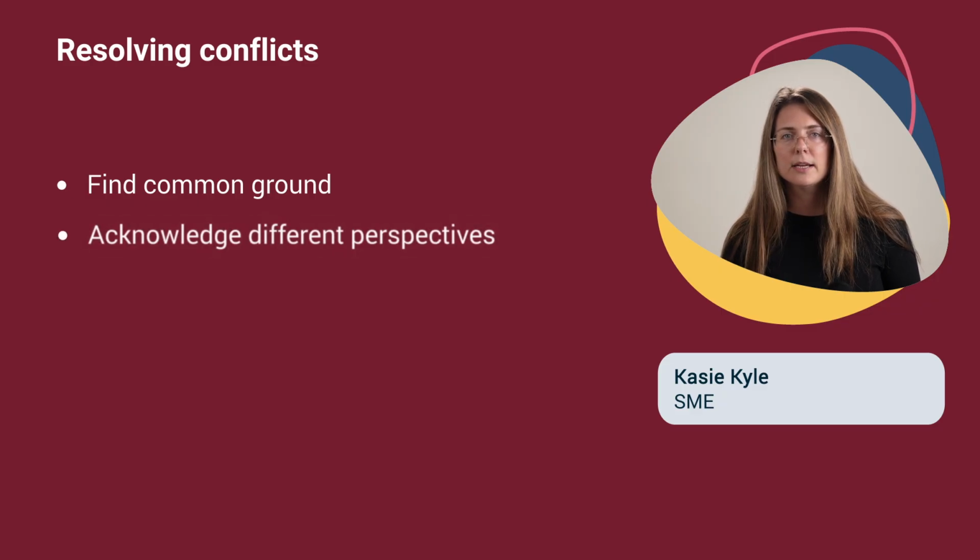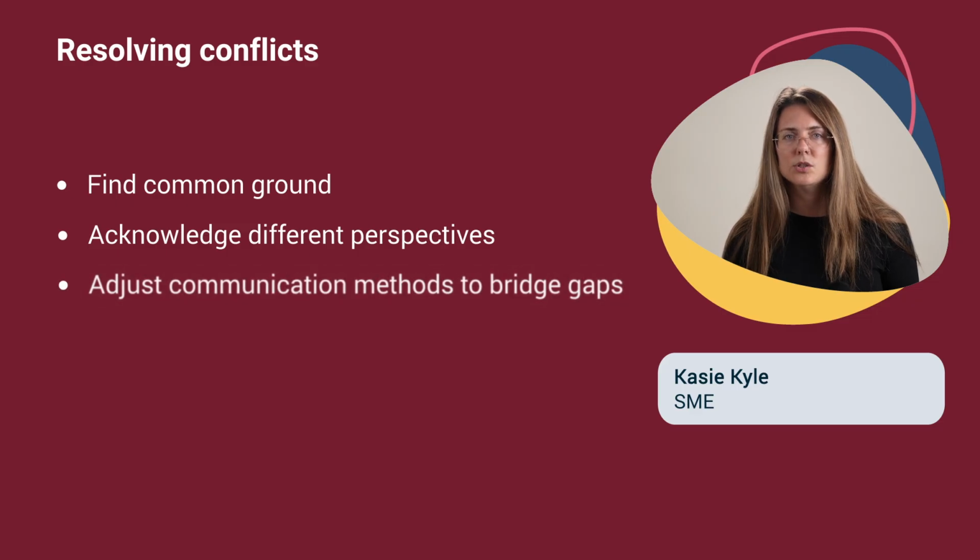So I believe in acknowledging different perspectives, focusing on shared goals, and then adjusting communication methods to bridge any style gaps. With that, active listening plays a really important role in that process because you need to be able to really listen and hear how people are communicating and what they're saying.